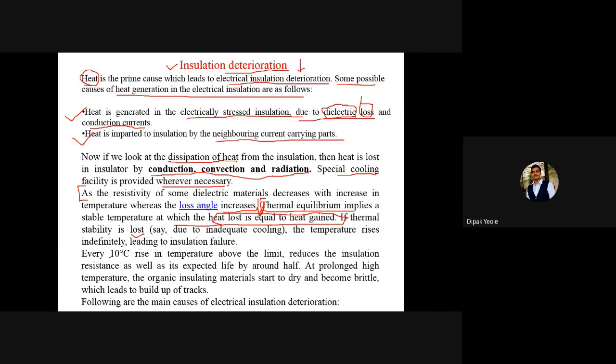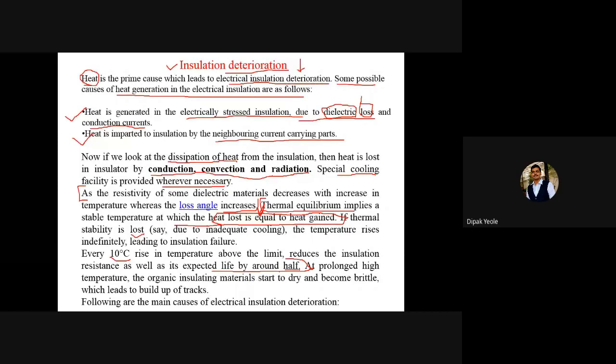Every 10 degrees Celsius rise in temperature above the limit reduces the insulation resistance that we have seen earlier, as well as its expected life by around half. बघा, जर टेम्परेचर हे कंटिन्युअसली वाढत राहिलं तर काय होईल? लाईफ सुद्धा कमी होईल आणि ती हाफ पण होऊ शकते. येस, जसं एक्झाम्पल घ्या ग्लोबल वॉर्मिंग.